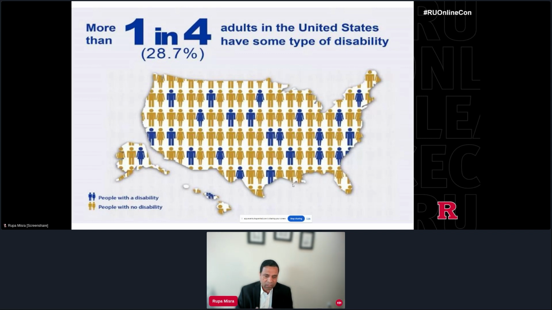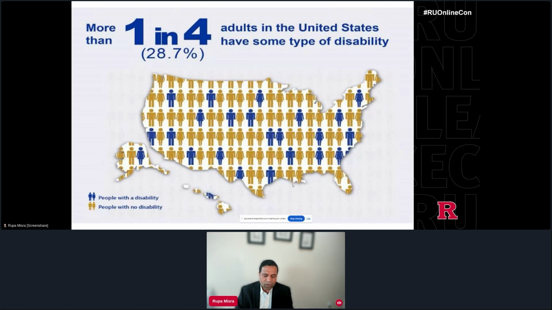According to the CDC, 1 in 4 adults in the United States have some type of disability. It can be physical disability, mental or cognitive disability, vision loss or hearing loss, so all kinds of problems.